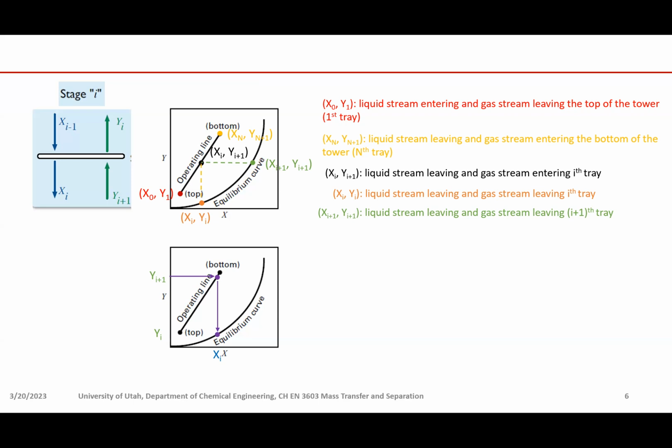And the y coordinate of that point is yi, right? Now we have yi, okay? Again, we know these two compositions are constrained by the operating line. We just need to draw a horizontal line, and this will cross the operating line at one point. And the x coordinate of that point, xi minus 1, gives you the composition here, right?